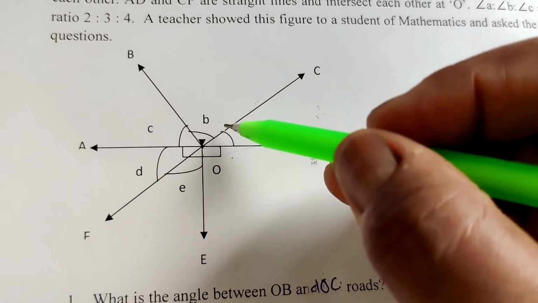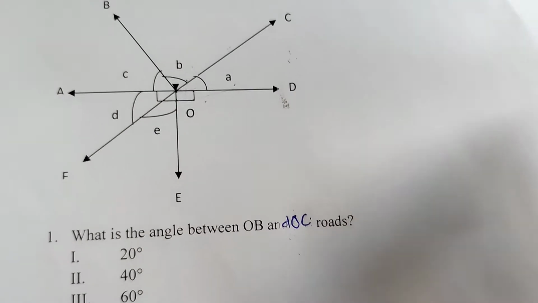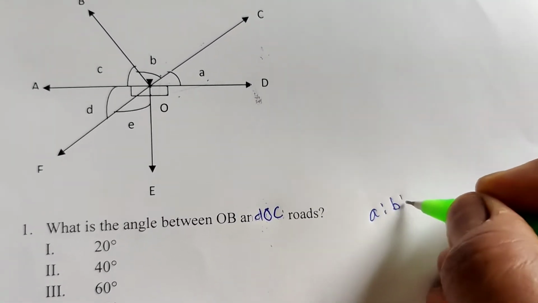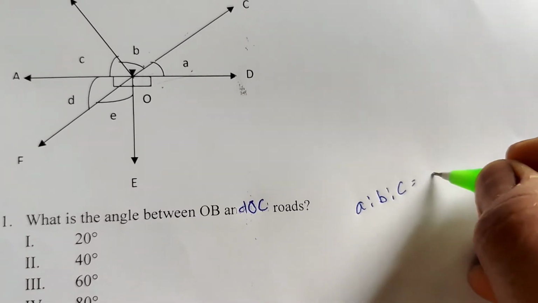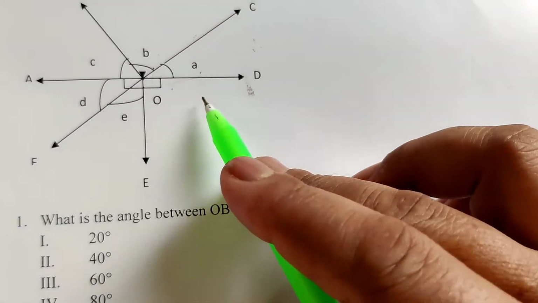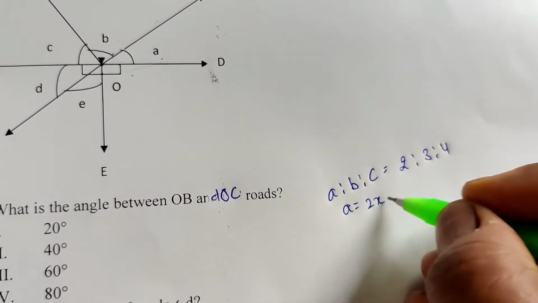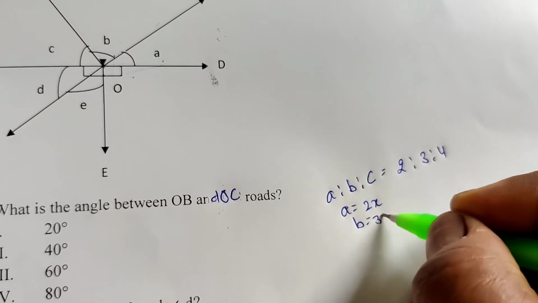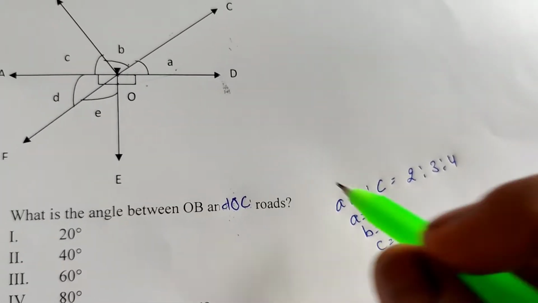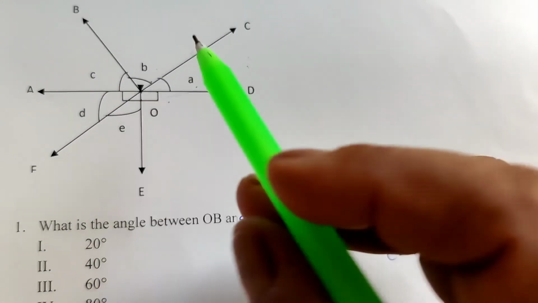The angle between OB and OC is angle B. Now the ratio A is to B is to C equals 2:3:4. Now we have to find angle B, so first we take A equal to 2x, B equal to 3x and C equal to 4x. The sum of these three angles equals 180 degrees because they are forming a straight line.